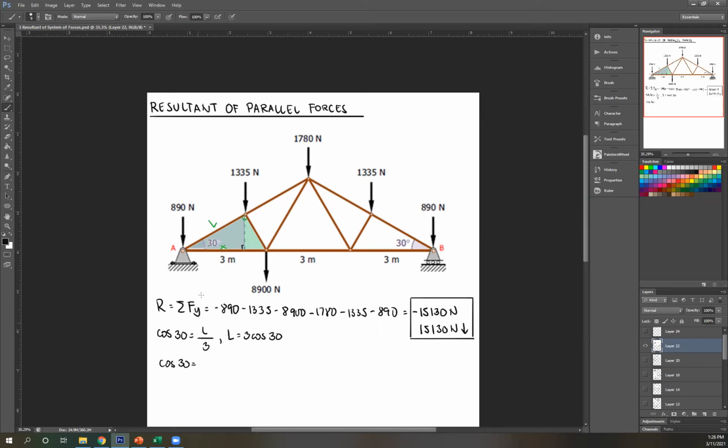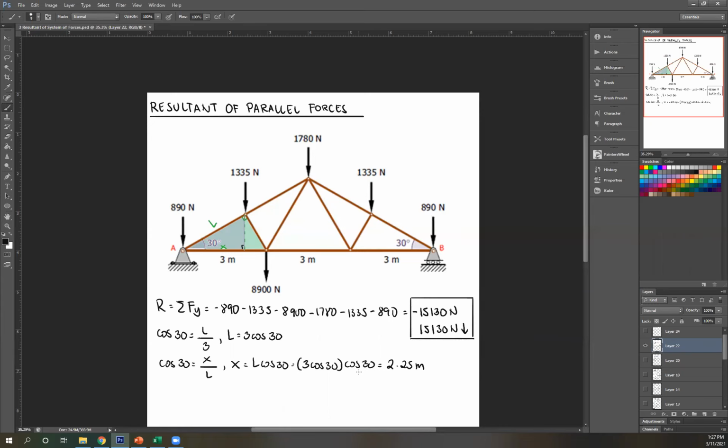So cosine 30 equals adjacent, which is now x, over hypotenuse L. So x is just L cosine 30, and L is just 3. So 3 cosine 30 times cosine 30. I think the distance is 2.25. Yep, 2.25. Okay, so now I know that distance x, no problem there.